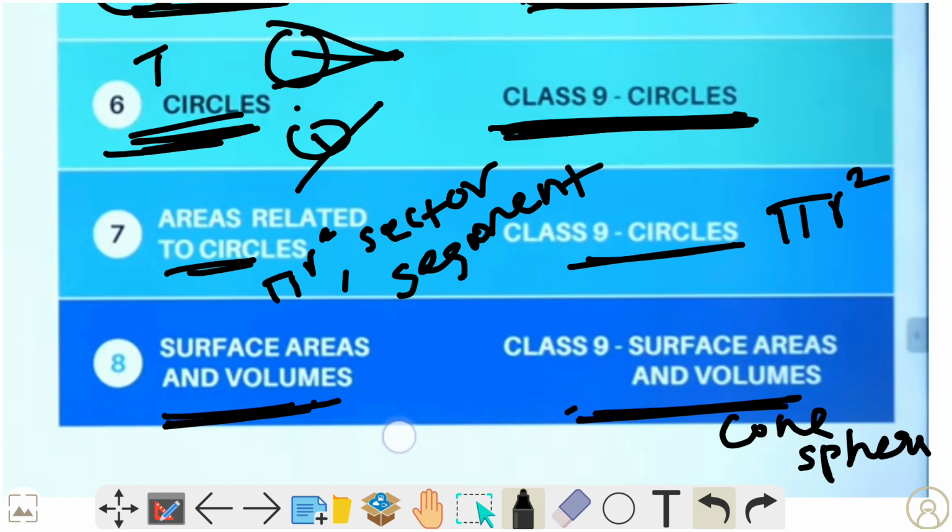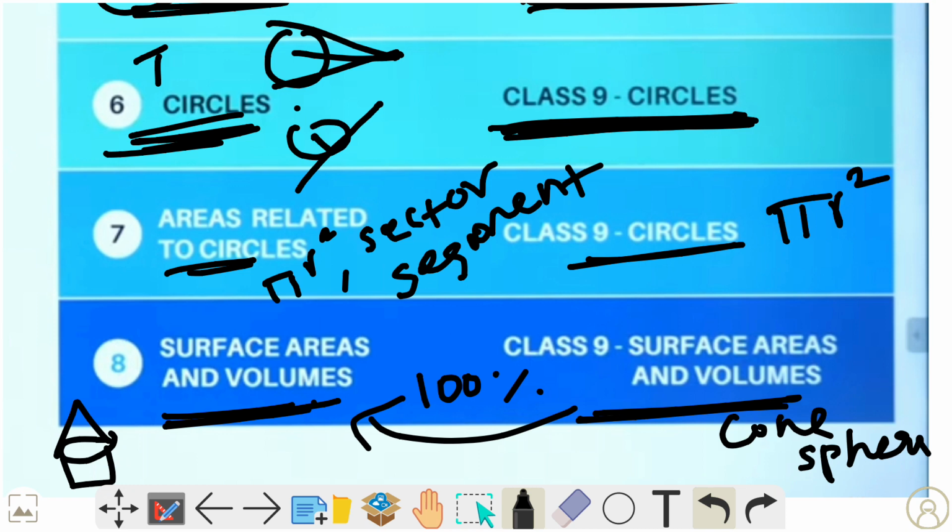So exactly the same, 100% same concept, but you are going to use it on a combination of solids. Also you have a cylinder, cone plus cylinder, like that. Okay, toy shapes. So you are going to find the surface area and volume of a combination of solids.